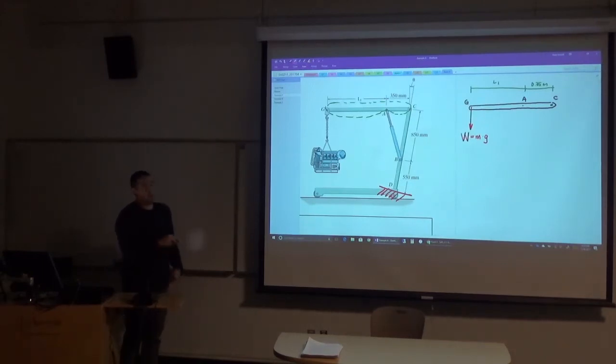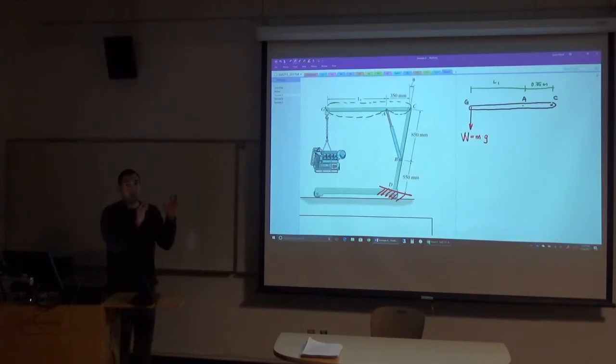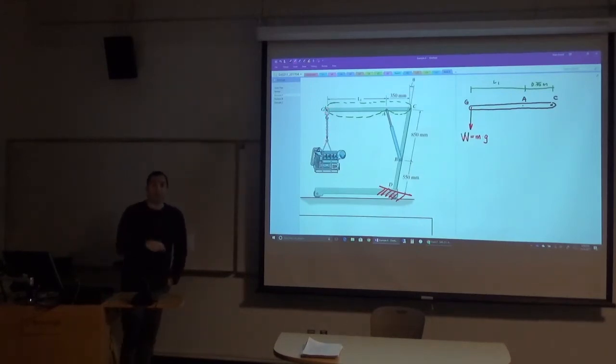Okay, anything else at G? Would there be something in the x direction? Yeah, so it's kind of unclear here. This is a pin, but it's connected to a cable. And so even though a pin can transfer forces horizontally, the only force being applied here is through this cable, and the cable can only transfer a force in the direction of the cable.